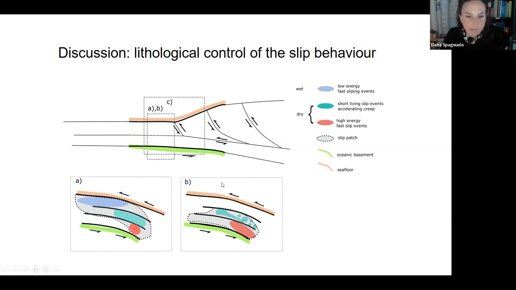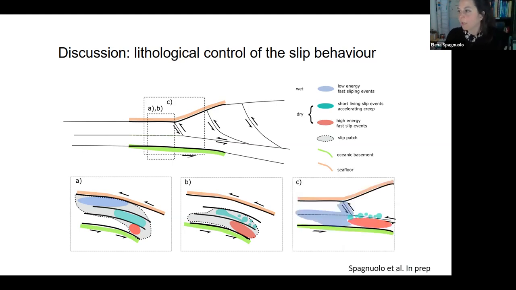A different hypothesis is, for example, that the energy produced is all released in the deepest layer, and then is somehow stopped because the energy is used to produce these short-lived events, and it never reaches the upper layer where it could propagate for larger slip. The other idea is that once the sediments enter inside the subduction zone, the situation is a little bit different because the sediment is expected to be compacted underneath the arc.